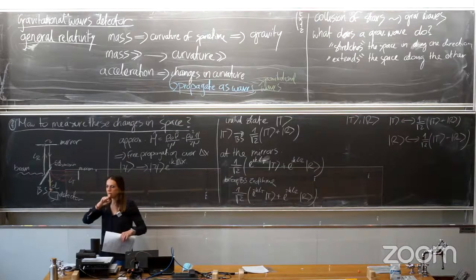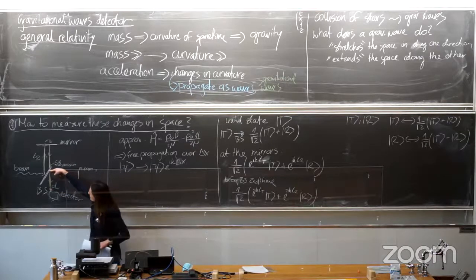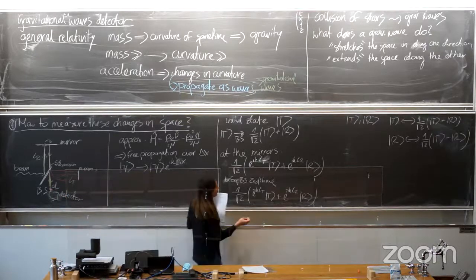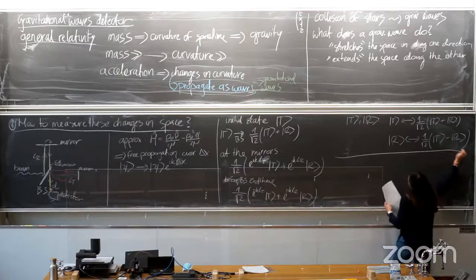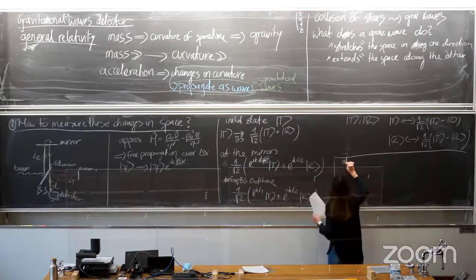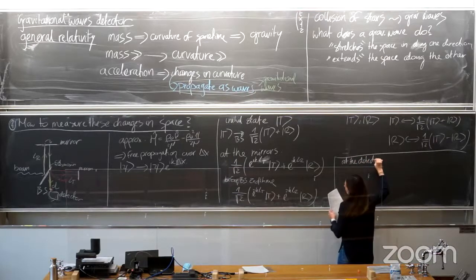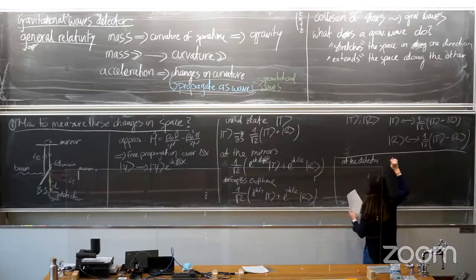This is the phase which it picks up from here to here, because it travels again a distance of d, this small d. So at the detector, we will have e to the i k d.